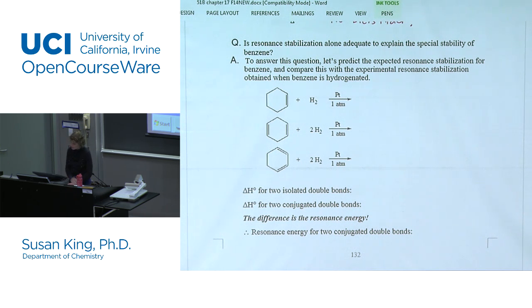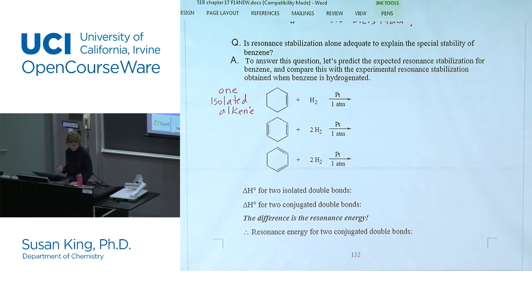Okay, so in this first example here, we have one isolated alkene. If we hydrogenate unsaturated molecules and they all go to the same product, we can predict their stability just based on measuring the heat that's given off when we do that reaction.